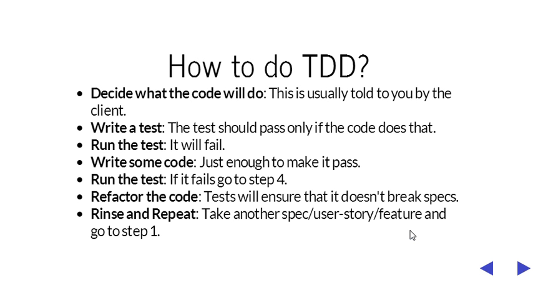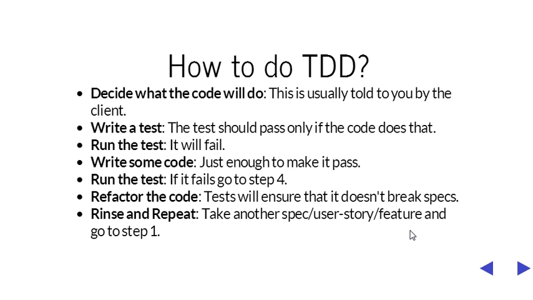Then, writing a test. This is the key part. You have to write the test first, and the test would not pass initially because there is no code to support that test. So the next step is running the test, and it will definitely fail because there is no code written yet. And the next step is, of course, writing the code so that the test will pass.